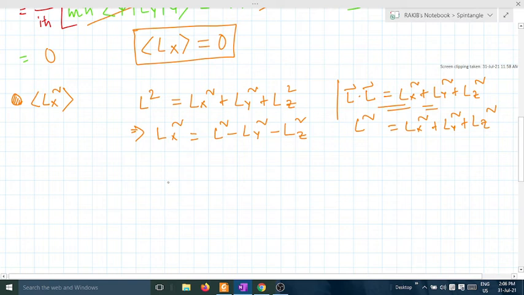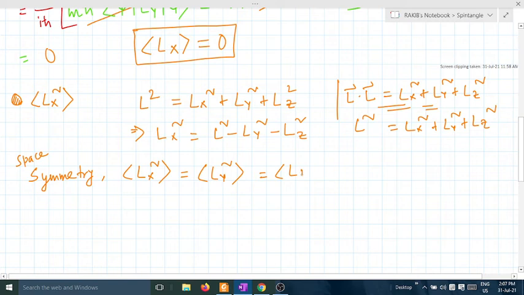Okay, then from the property of space symmetry, what we can write is Lx square operator is equal to Ly square operator is equal to Lz square operator.